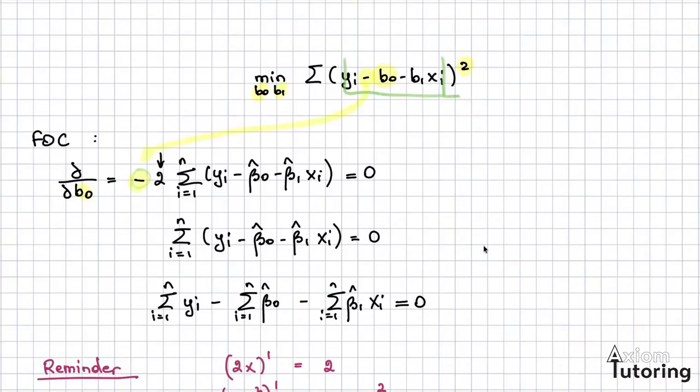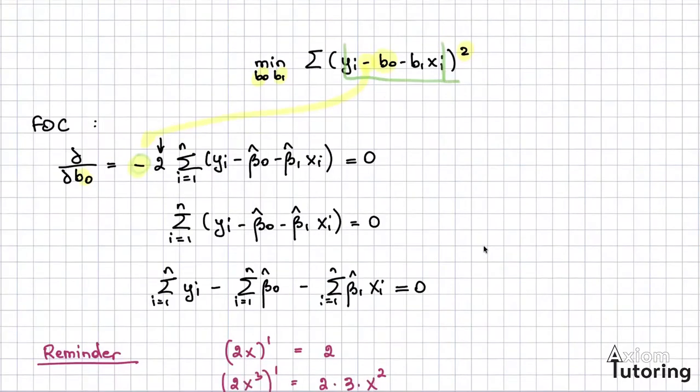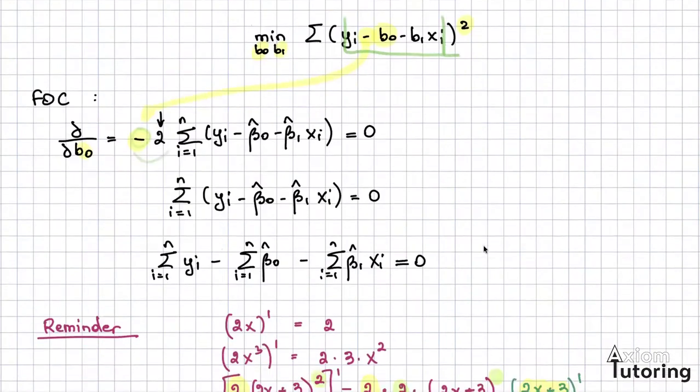The rest of these steps are clearly then straightforward. We simply get initially rid of this minus 2 by sending it to the other side. And then ultimately, we simply split the summation notation by applying the property of the summation notation being a linear function. Okay.